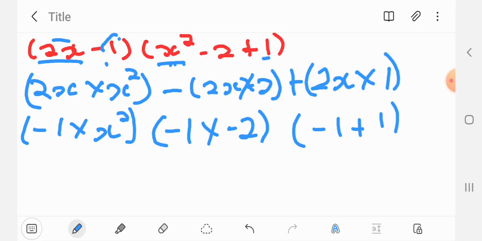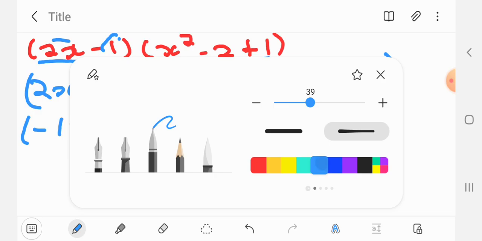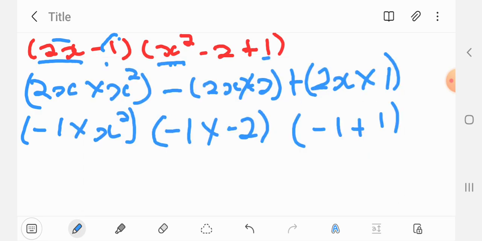Okay, so we are going to have 2x multiplied by x squared, so we add the exponents, 1 plus 2, this one is to the power of 1, and that will give us 2x to the power of 3.